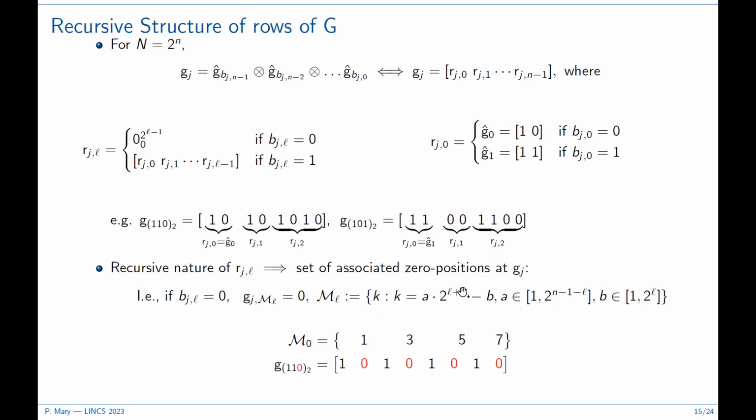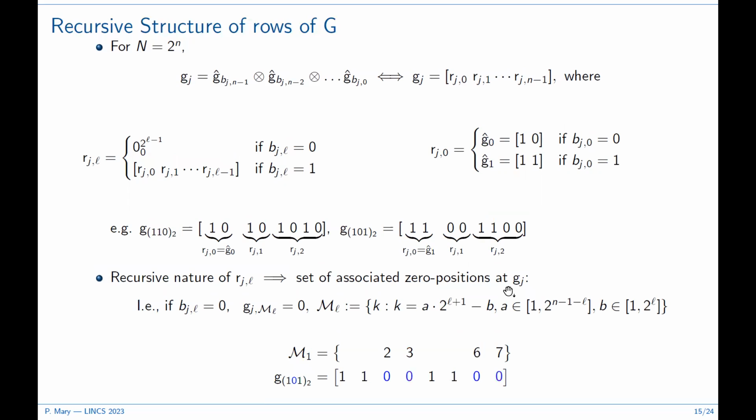And we can prove that the structure of this set has this particular expression. Again, for M1, we have this position of zeros, and M2, this position of zeros. So this is important to construct our particular design.